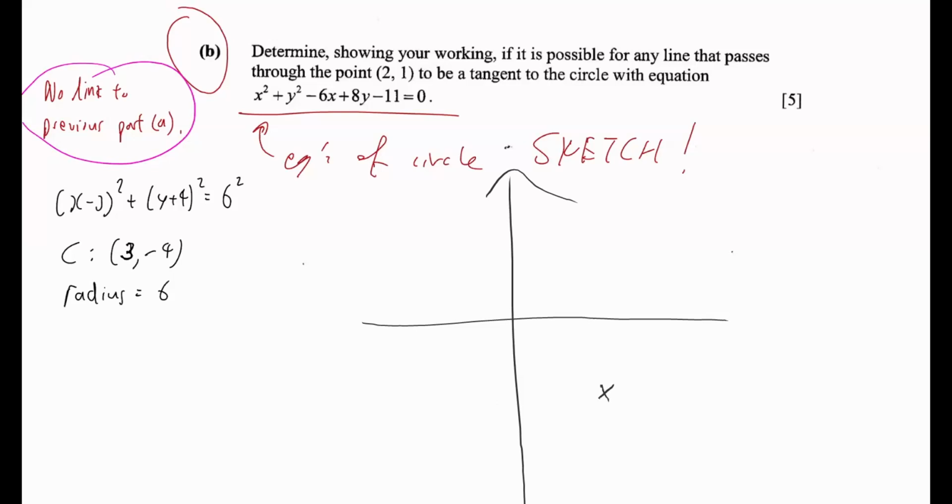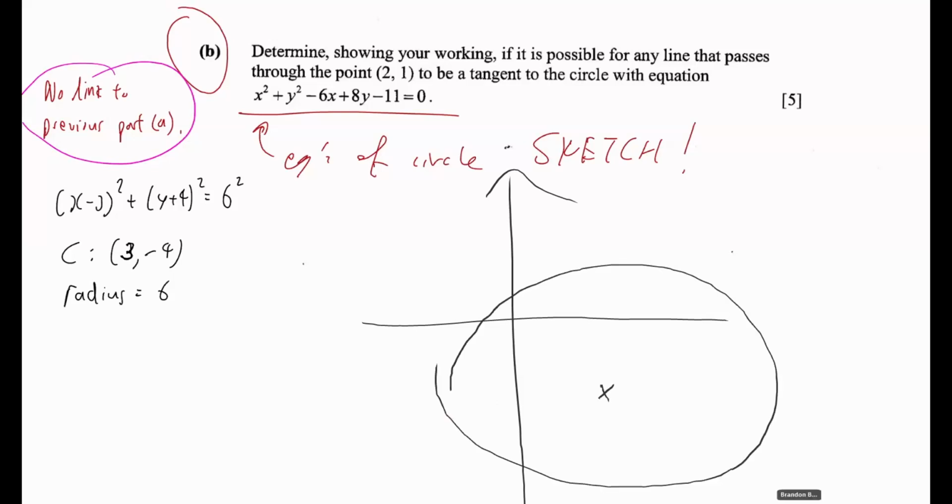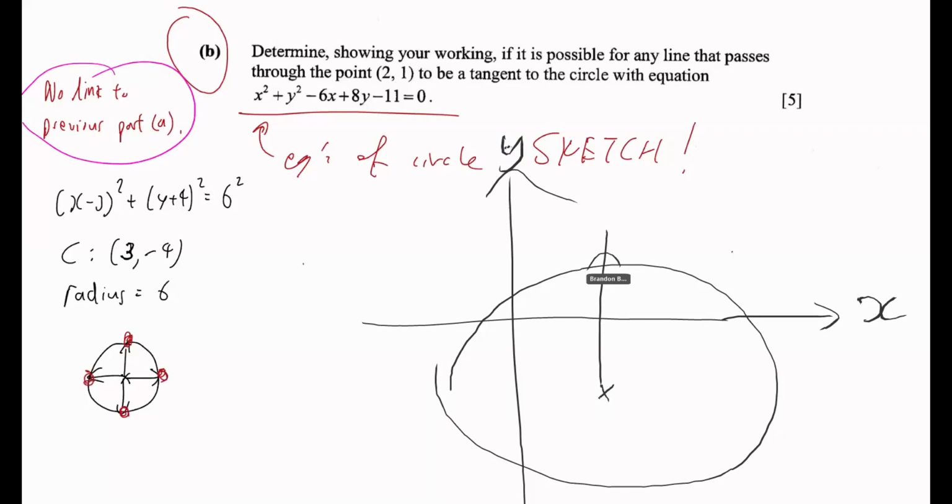Then whether it touches or crosses the y-axis and x-axis. Whenever you got a circle, you got a center, you can figure out the top, the left, the bottom, and the right points. These 4 points.